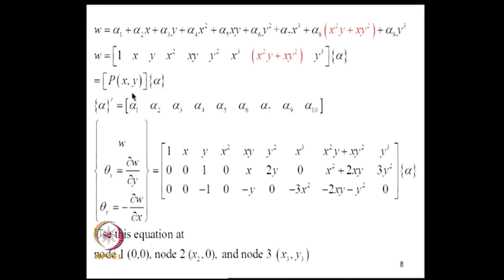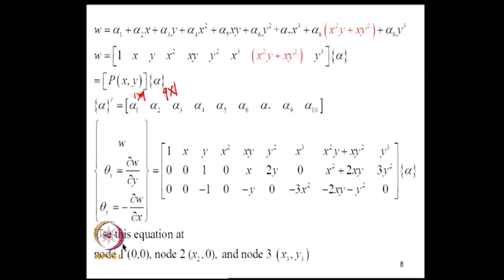So, this has 1 row and 9 columns, so this is 1 cross 9 and this is 9 cross 1. Now, we need w, theta x and theta y. So, I have dou w by dou y, dou w by dou x. By differentiating this, I formulate this matrix.